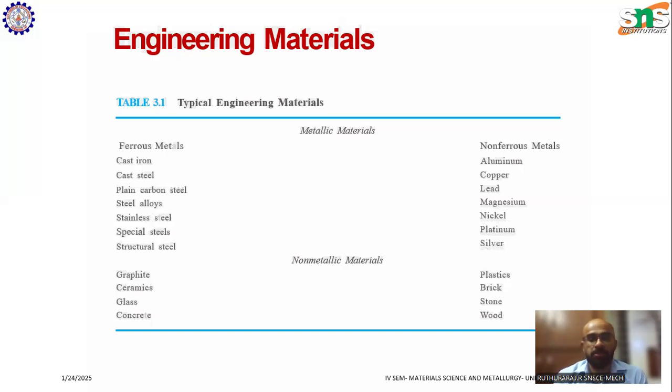Then you have non-ferrous metals. Whichever metal is not iron or iron related is called a non-ferrous metal. Then you have non-metals, graphite, etc. Our entire subject will deal with these engineering materials only, and the various properties of these materials we will study in the subsequent lecture videos.